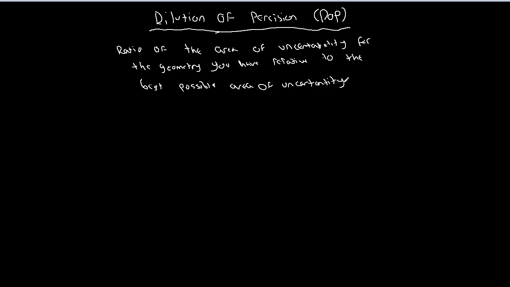Right, so let me say that again. Dilution of precision is the ratio of the area of uncertainty for the geometry that you have relative to the best possible area of uncertainty.